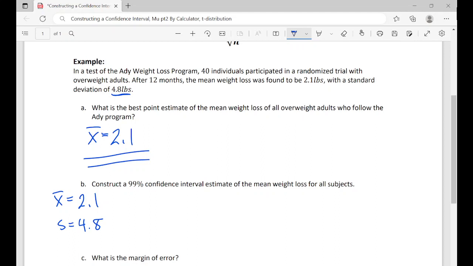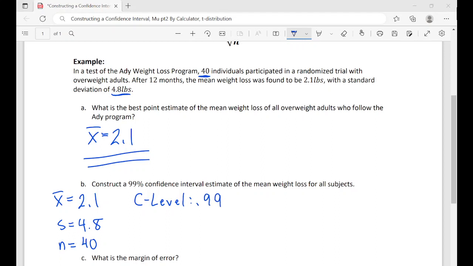And then we also need to know what n is, so how many people are in this sample, and that is going to be 40 people. And finally, the easiest one, we need to know the C level. And that C level is given to us in the question as 99% confidence. So the C level is 0.99.